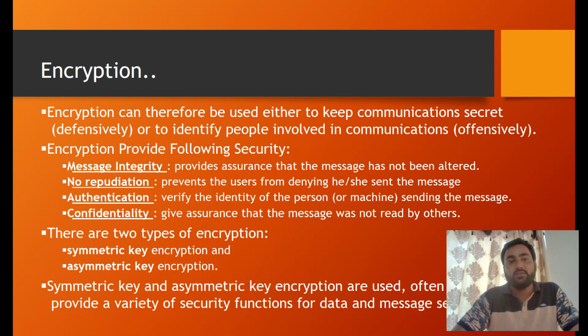The first one is message integrity. Message integrity provides assurance that the message has not been altered. The second one is non-repudiation, which prevents users from denying that he or she has sent the data. That means you can't deny if you have sent data to a particular user.